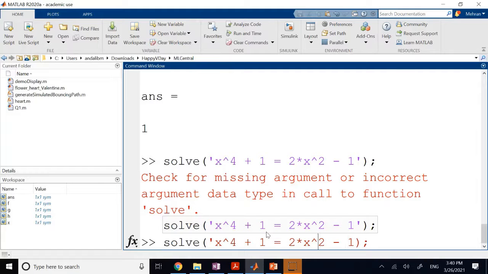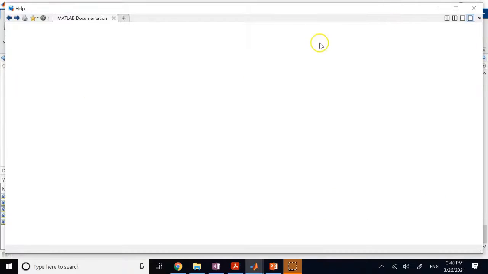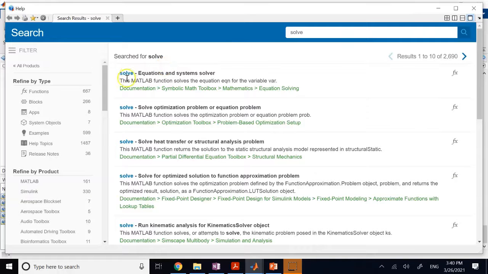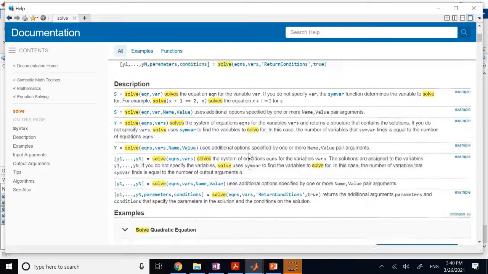Now let me get rid of this part. Oh yeah, they now need a double equal sign. We have to change this, okay? Because this used to be working a few years ago when I taught this. Now if you see here, it says you have to use double equal, and they changed everything.